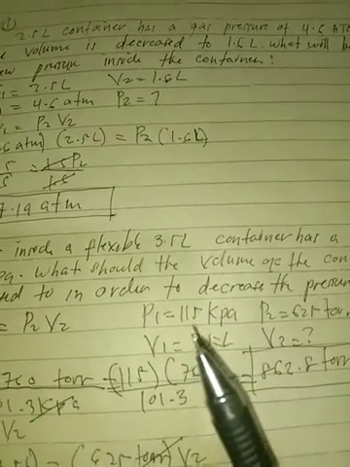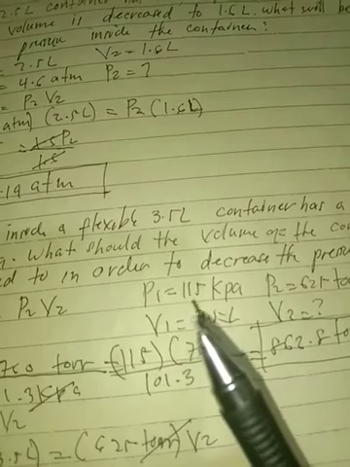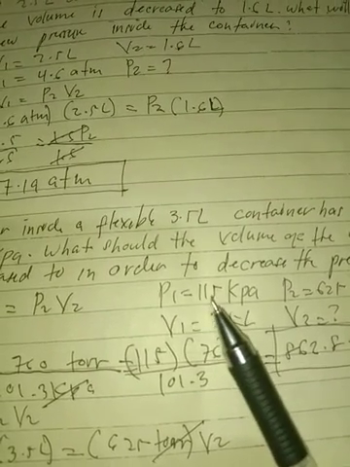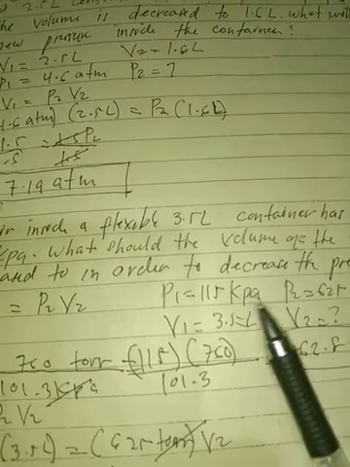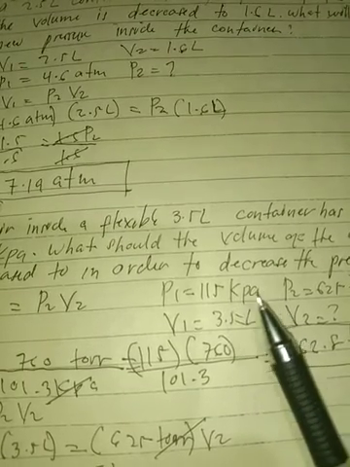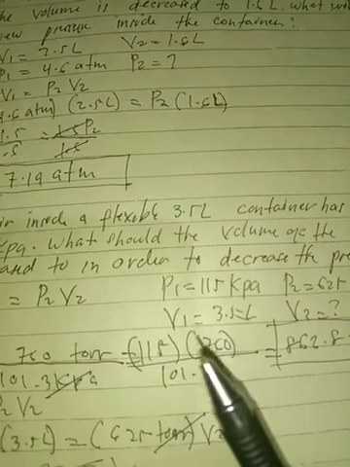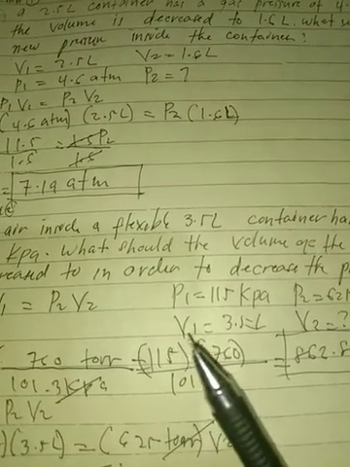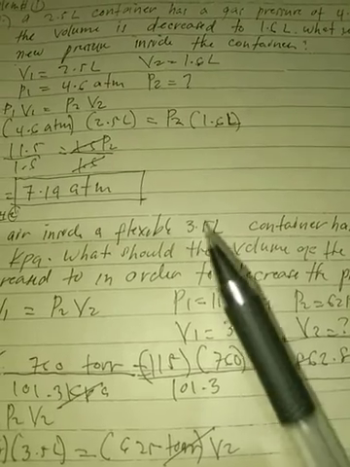The value of our pressure 1 is 115 kPa. Our volume 1 is 3.5 liter.